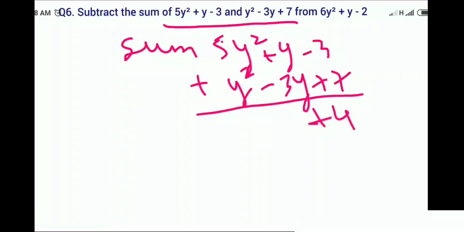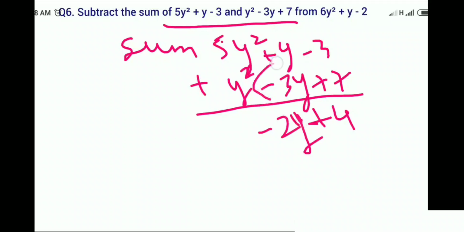There will be subtraction, and minus 2y will be left because this value is greater. 5y square plus y square equal to 6y square. This has to be subtracted from the given value.